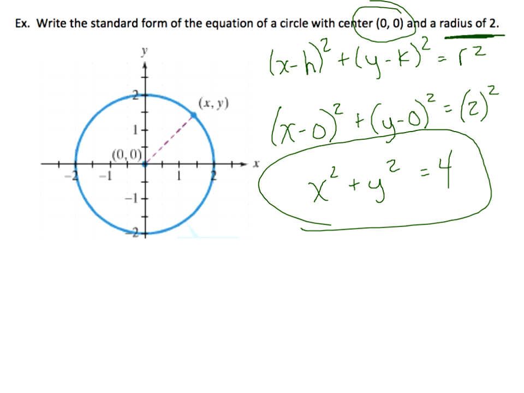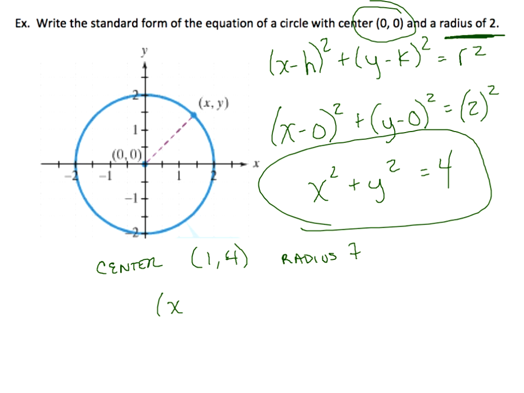So just for the sake of example, I've got another one to work through here on the next slide, but just to give another real quick example, say you had the center of your circle at 1, 4 and a radius of 7.